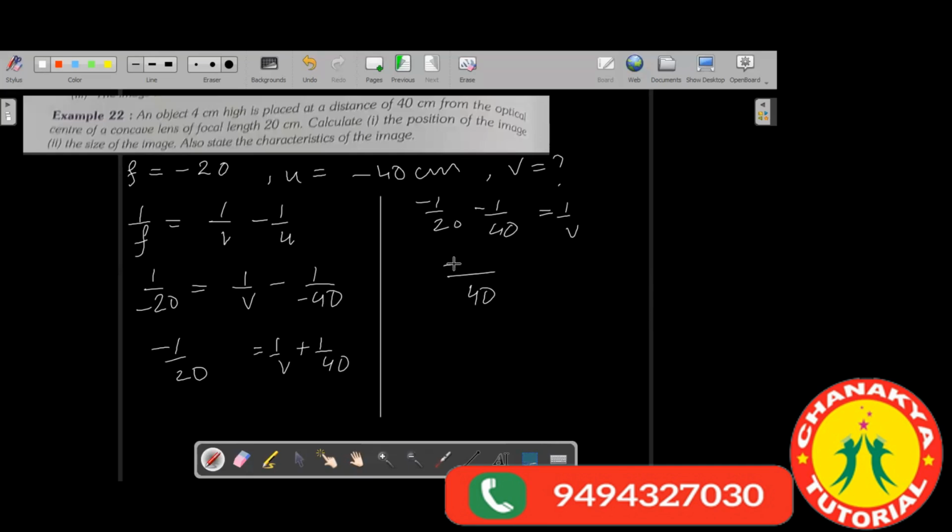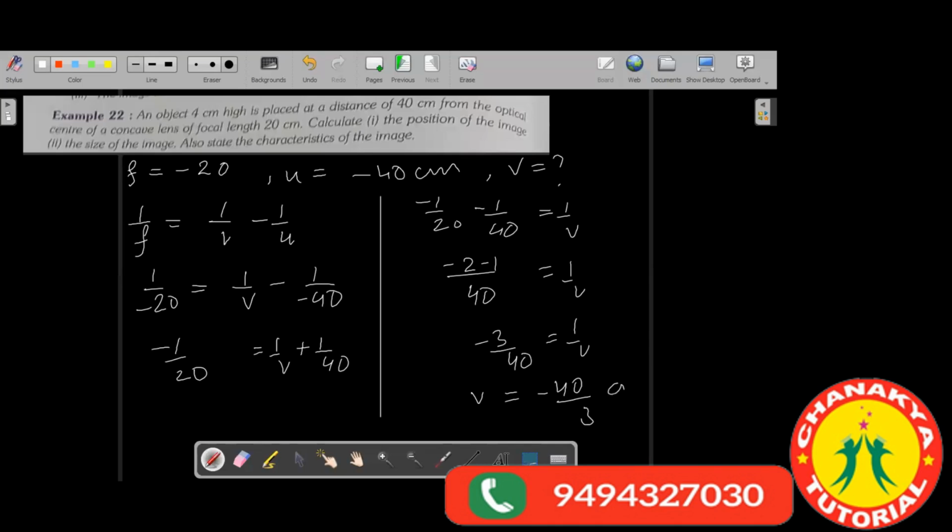You have minus 2 minus 1, so it is minus 3 by 40 equals 1 by V. Hence V is equal to minus 40 by 3.